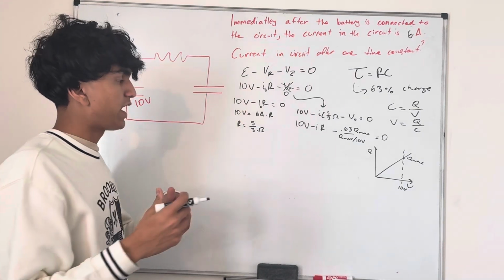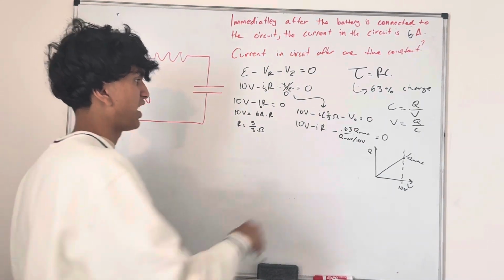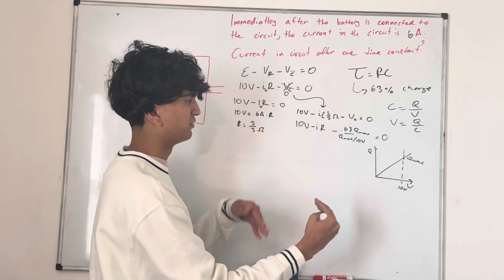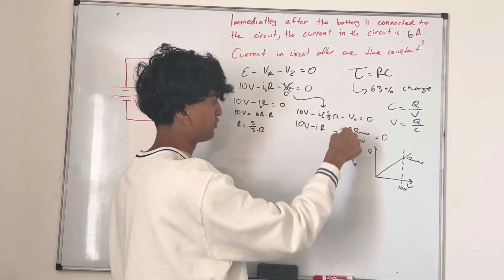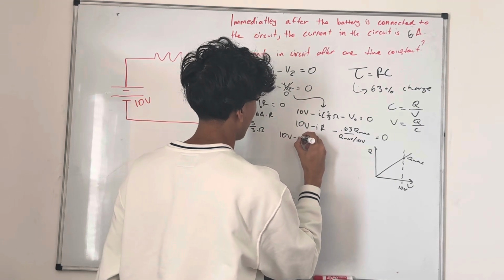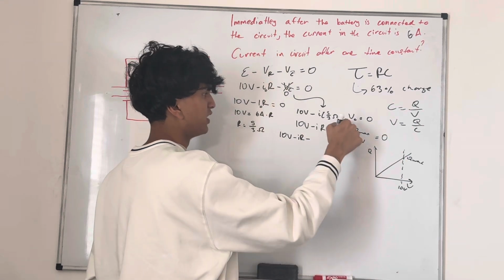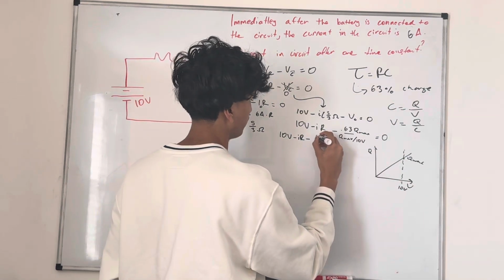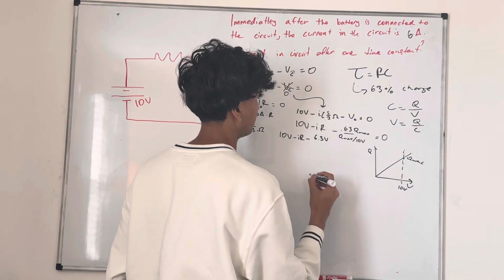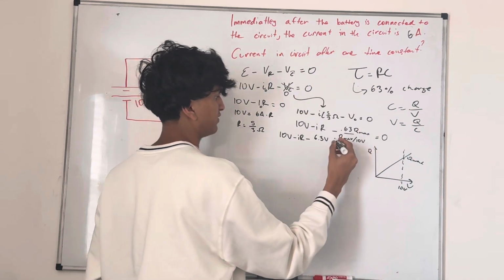Now you kind of have to do some fraction stuff, because you're putting the 10 volts on top, Q max on bottom. You get 10 volts minus I times R minus, so 10 volts on top. So 10 times 0.63, that's just 6.3 volts. And then you get Q max over Q max.